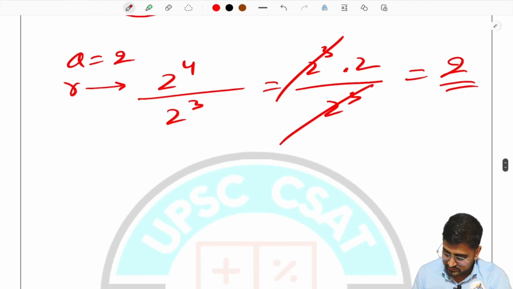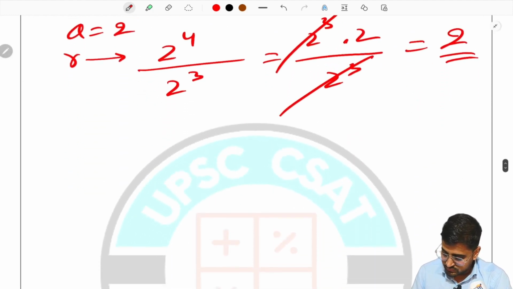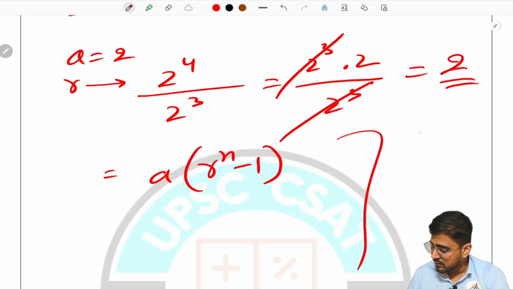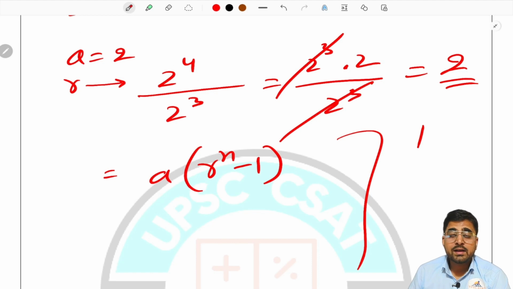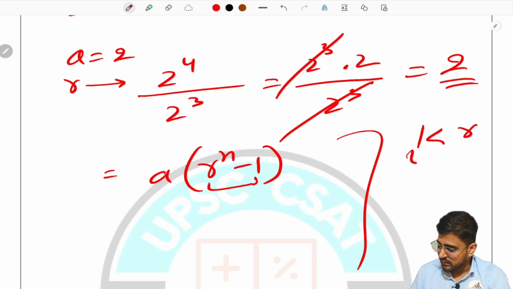Now the formula is, we have to find out the sum. So the sum is a times (R^n minus 1) over (R minus 1). Why do I take R^n minus 1? Because the condition is, if R is greater than 1, then you have to take it like this.